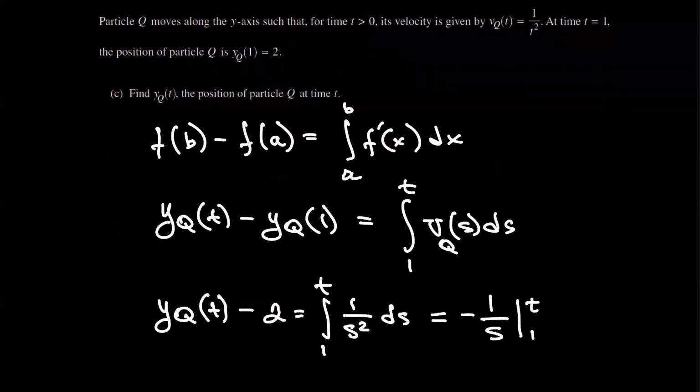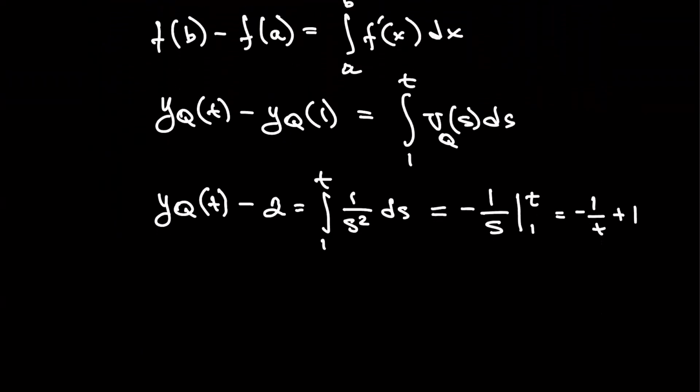Plugging in these values gives us negative 1 over t plus 1. Solving this further, adding 2 to both sides, gives us the y position of the particle at time t equals 3 minus 1 over t.